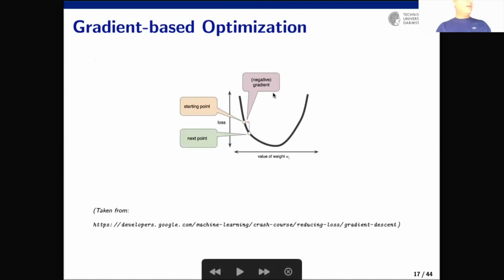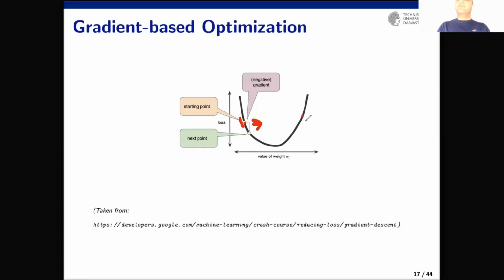We compute the gradient, and we move towards the negative value of the gradient. What does that mean? It means that if the gradient is negative, we want to increase the value of the parameters. And if the gradient is positive, we want to decrease the value of parameters. So here, the gradient is negative, so we want to increase the value of the parameter.